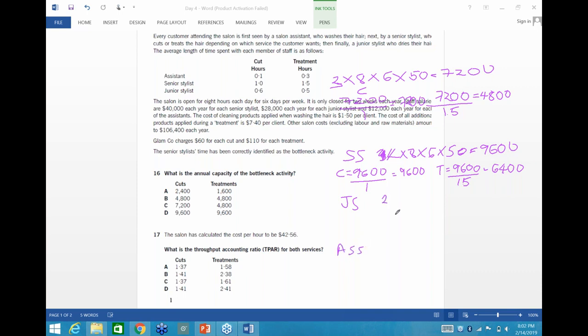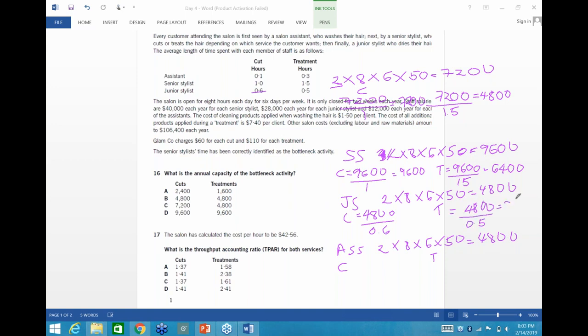So for the junior stylists, 2 into 8 hours, 6 days a week, 50 weeks, that is 4,800. For cut and treatment, hold on, junior stylist time for a cut is 0.6 and for a treatment is 0.5. So 4,800 divided by 0.5 is 9,600, and 4,800 over 0.6 is 8,000.